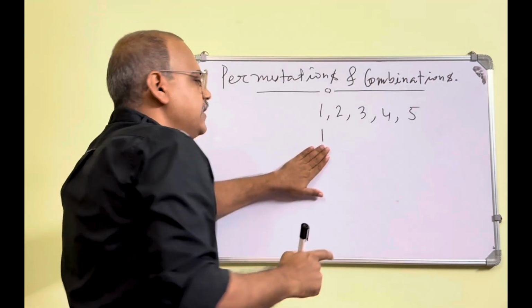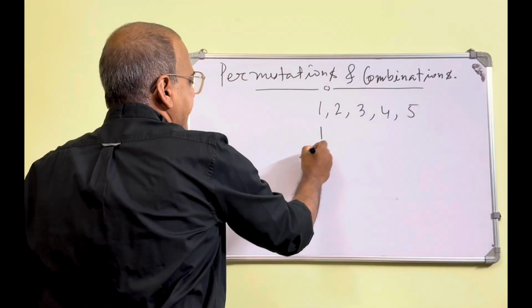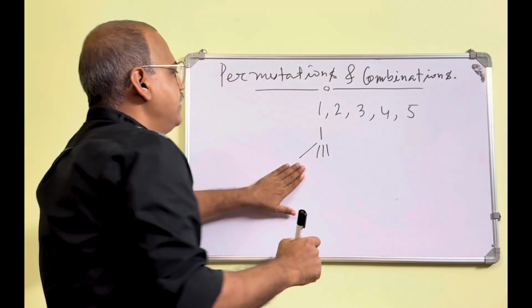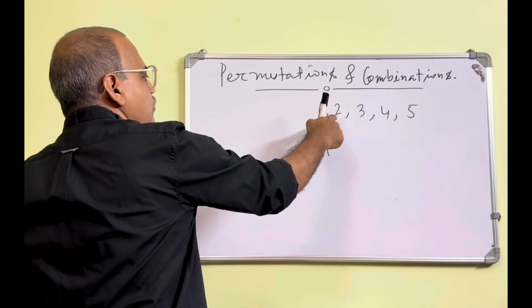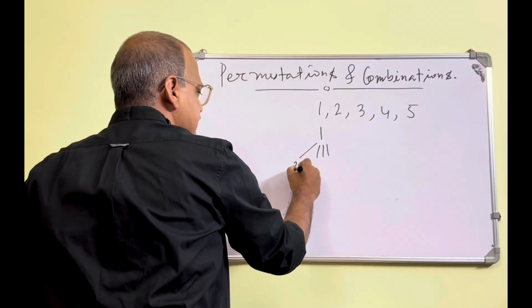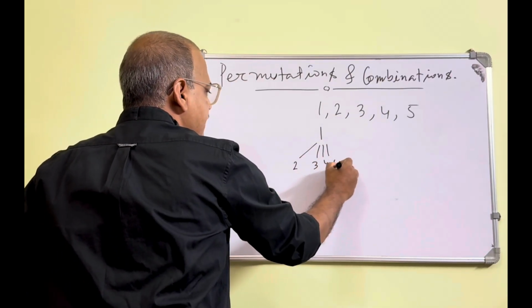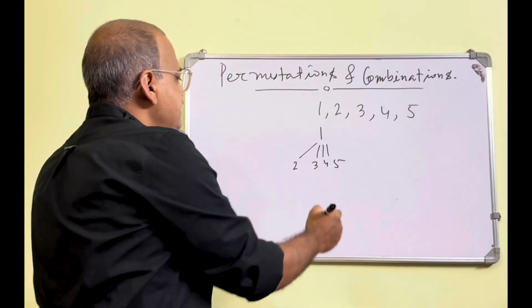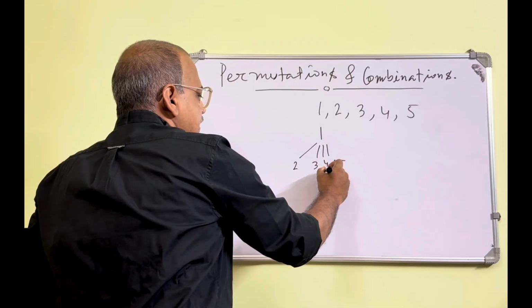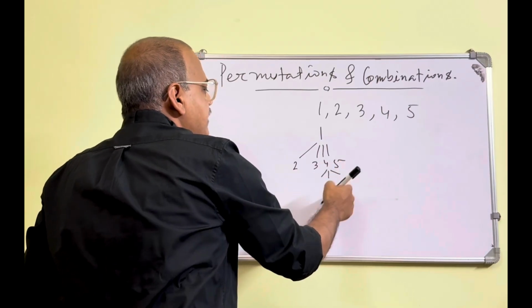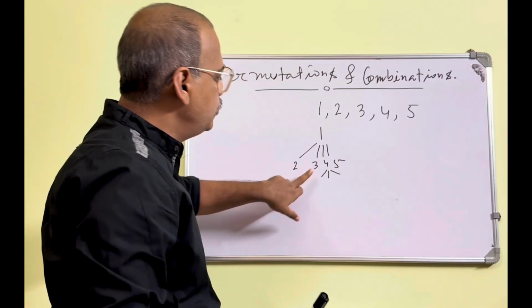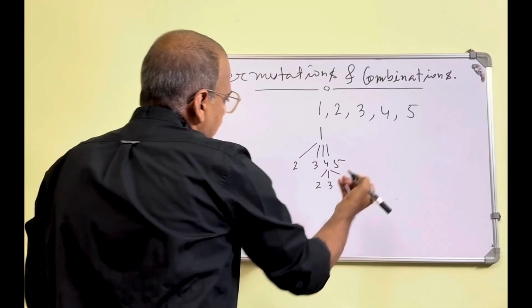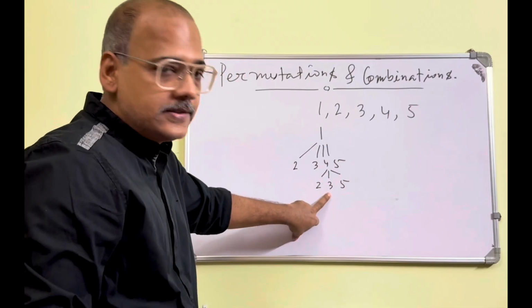If the first position is one, the second position can be filled with four different remaining numbers, which are 2, 3, 4, and 5. Let me choose the second position as 4. The third position can be filled with three different remaining numbers, which are 2, 3, and 5. Let me choose the third position as 3.